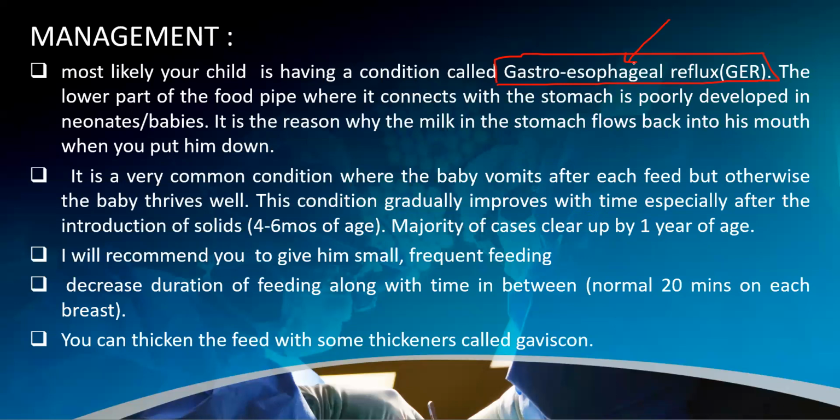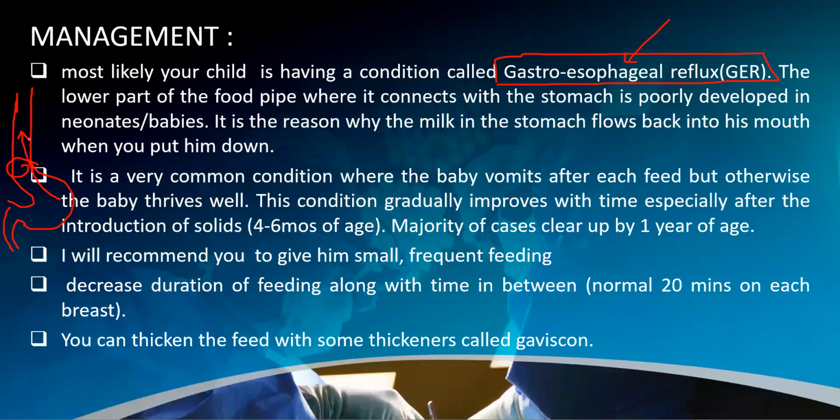So explain what is reflux. Let me draw a picture for your better understanding. This is his food pipe, or esophagus, and it connects to the stomach, and then it connects to the gut. The lower part of the food pipe, where it's connected to the stomach, is poorly developed in babies. That is the reason why the milk in the stomach flows back into his mouth, especially when you put him down.